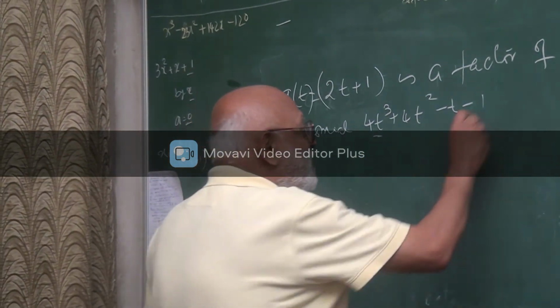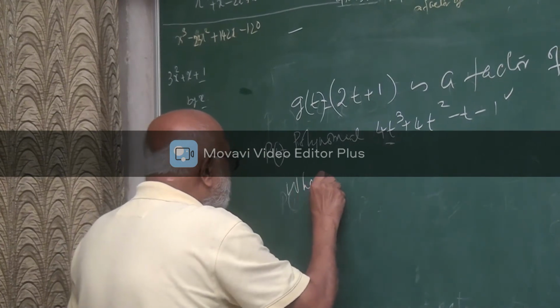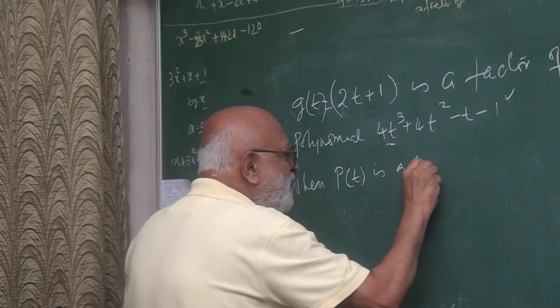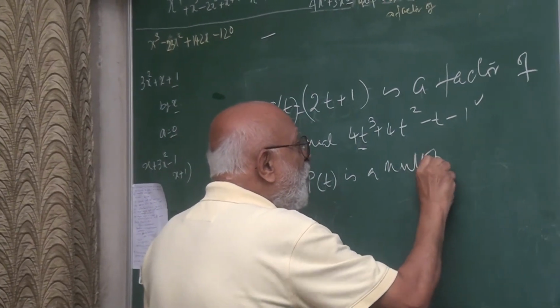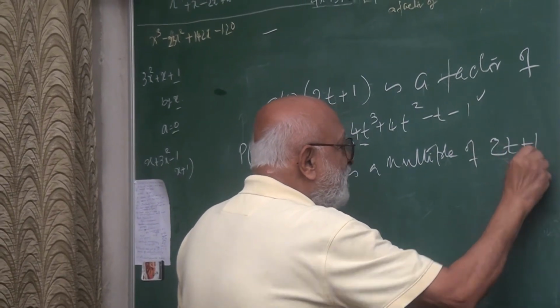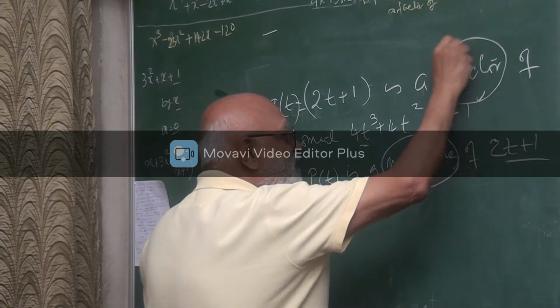Or I can write it this way: find out whether this is a multiple of 2t plus 1. So you understand this multiple and you understand this factor.